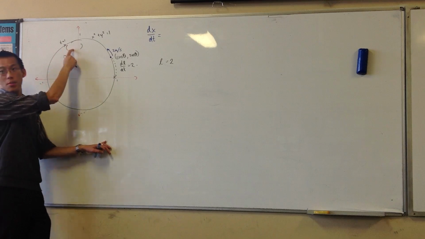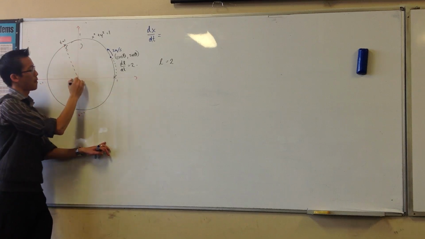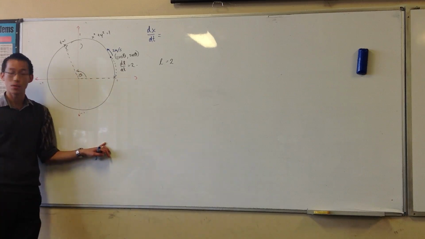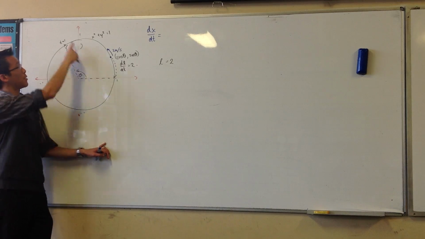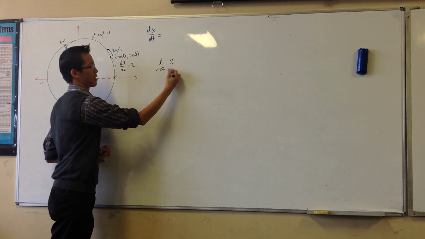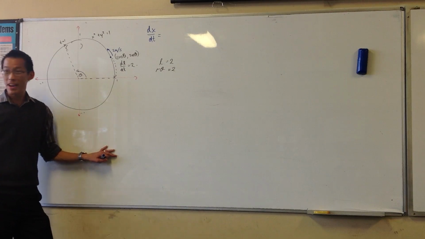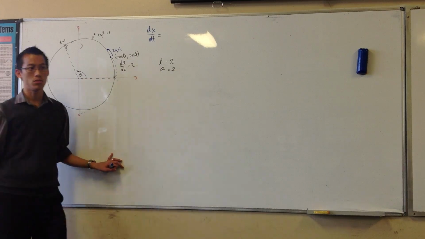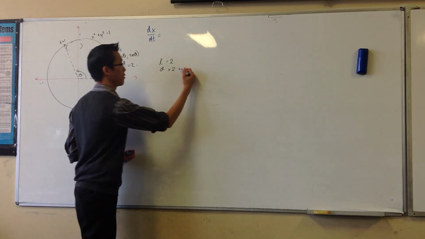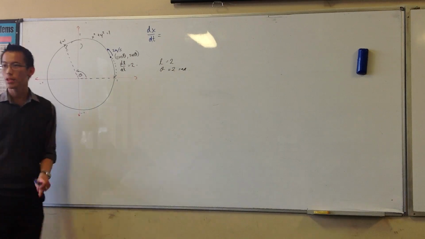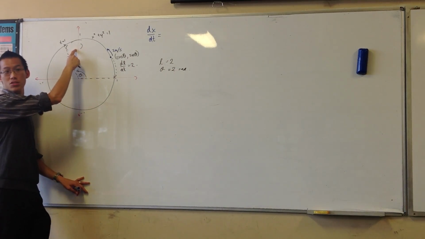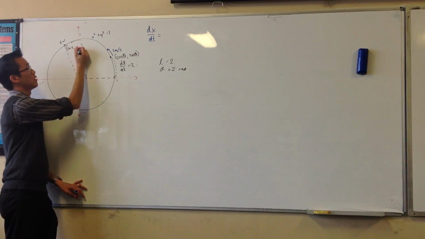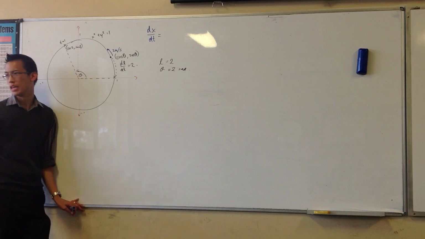I can get my position based on this angle here. If my coordinates are cos theta, sine theta, then L, that's r theta, is equal to 2. And my radius is just 1, so theta is equal to 2 radians. Is that okay so far? Okay, so this particular point, if theta is equal to 2, has coordinates cos 2, sine 2. Whatever those values are.